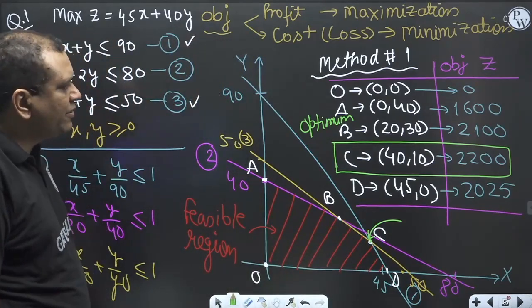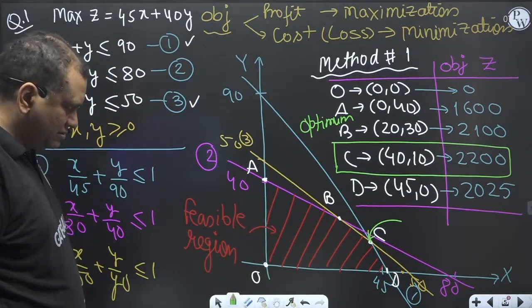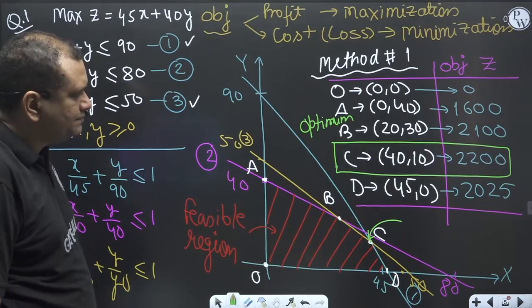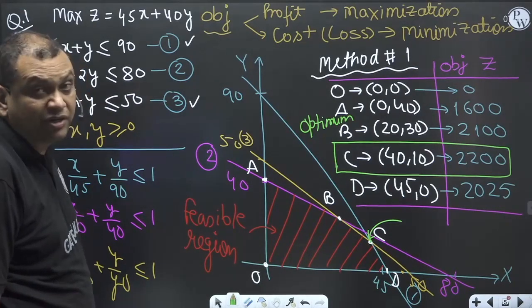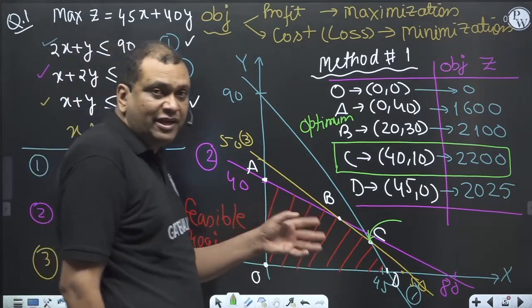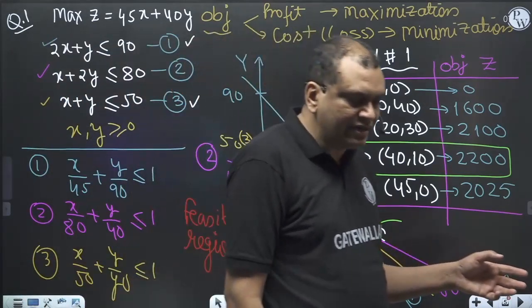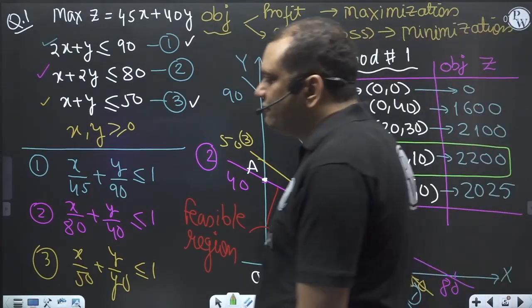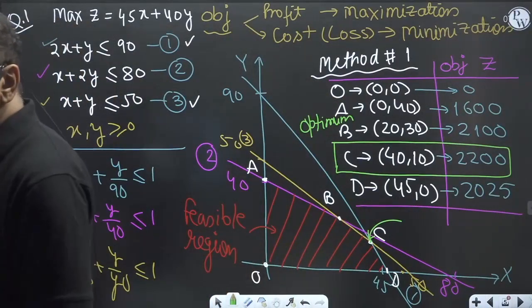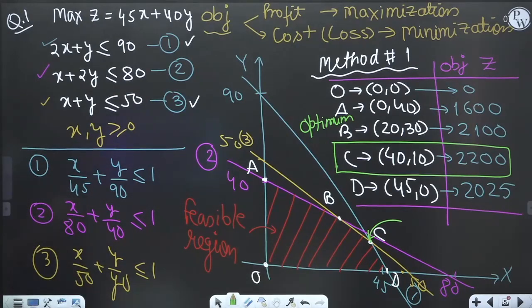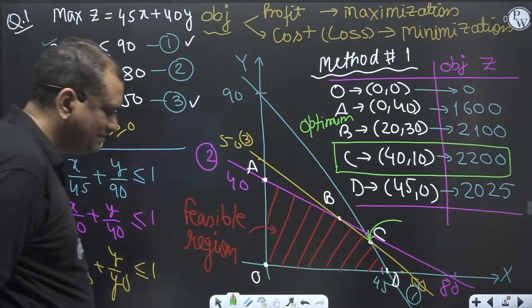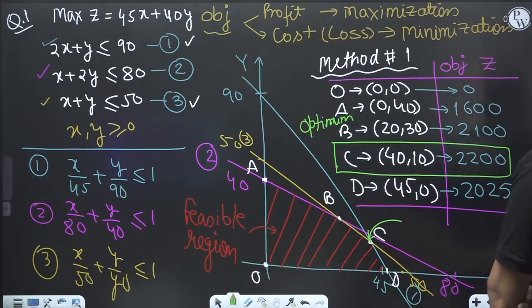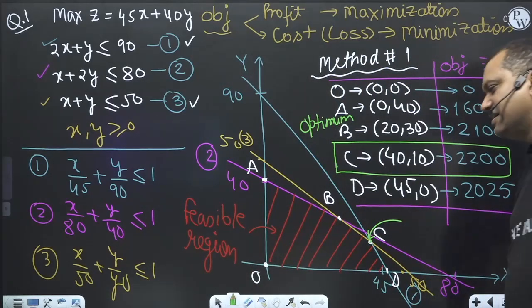An optimum value of the objective function is 2200. So this is the first way to find out the solution of a graphical problem.